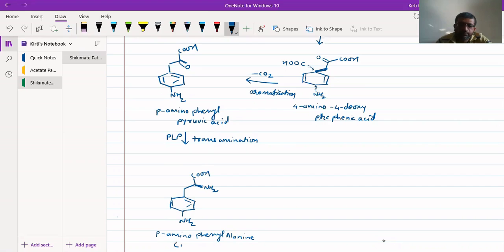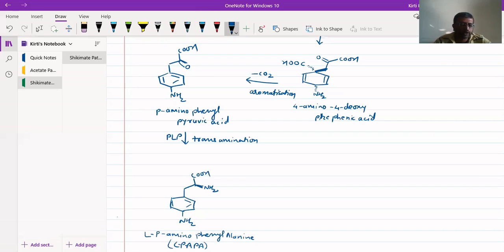That is, we can have PAPA, as it is L, so L-PAPA we will get. This compound's short name will be L-PAPA.